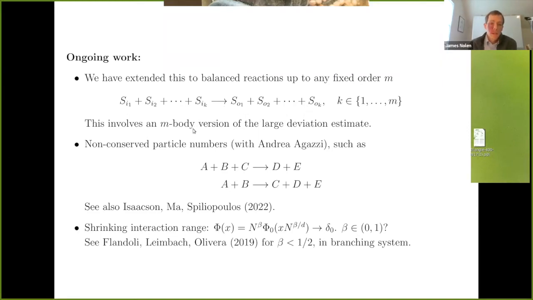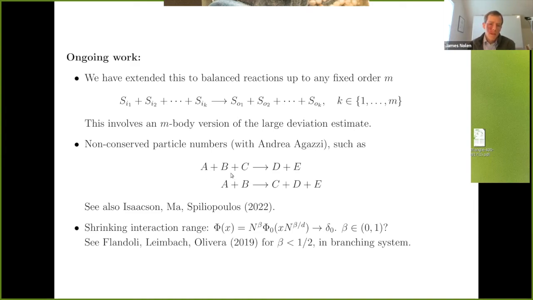This involves the m-body version of the large deviation estimate that I mentioned. With Andrea Agazzi, we're also looking at non-conserved particle numbers. This requires a different framework because of the non-conservation. There you have to look at Fock space and probability measures in Fock space.